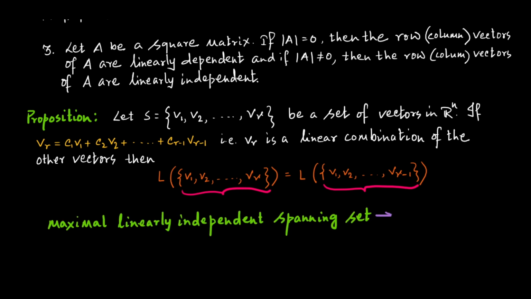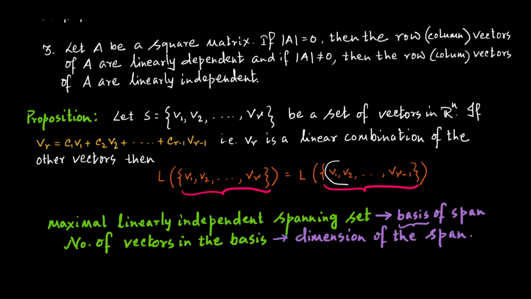Such a set is known as the basis of your span. Now, remember this word basis. When I discuss vector spaces, I will discuss basis in great detail. This is an extremely important concept of linear algebra. And the number of vectors in that spanning set is known as the dimension of the span.